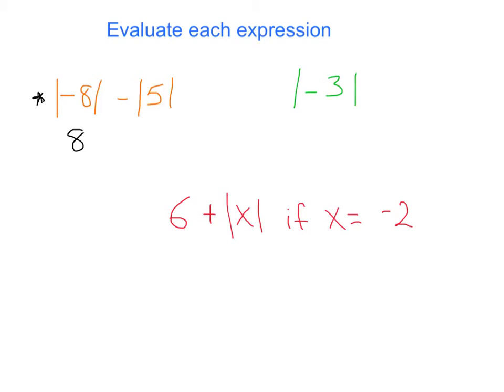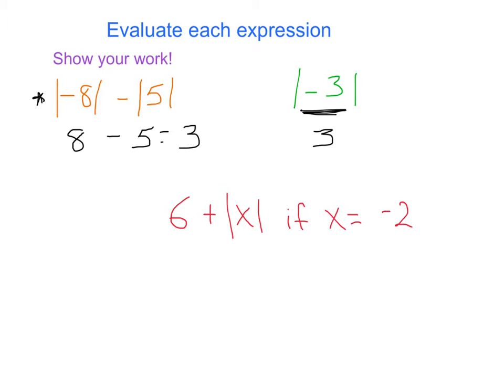So the absolute value of negative 8 is going to be 8 because negative 8 is 8 units or 8 numbers away from 0. And the absolute value of 5 would be 5. And I can see then from there that 8 minus 5 is 3. So the absolute value of negative 3 in this one, that's just a matter of figuring out it's 3 numbers away from 0, so the absolute value would be 3.